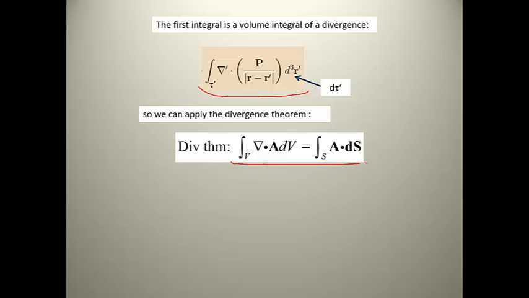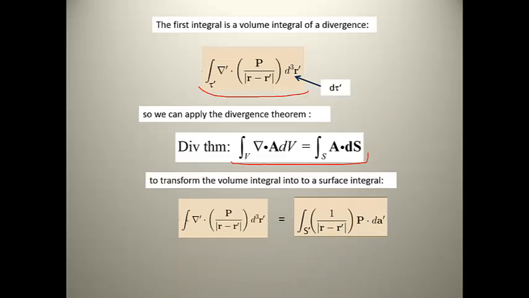Remember, this in general is equal to this, that we have a volume integral of the divergence is equal to the surface integral of the vector, where the surface encloses the volume V. So looking at our expression right here, the vector A is going to be all of this, and so we take the divergence of that, and that will be equal to the vector, so here's the whole vector right here, dotted into the surface element, which we're going to call dA prime. Now what surface are we talking about? Well, we're talking about the surface of the dielectric, and so that's going to be S prime.